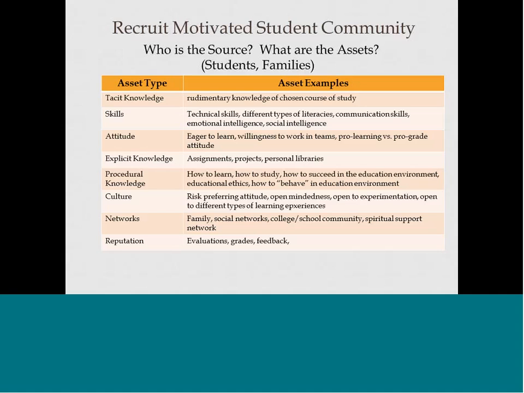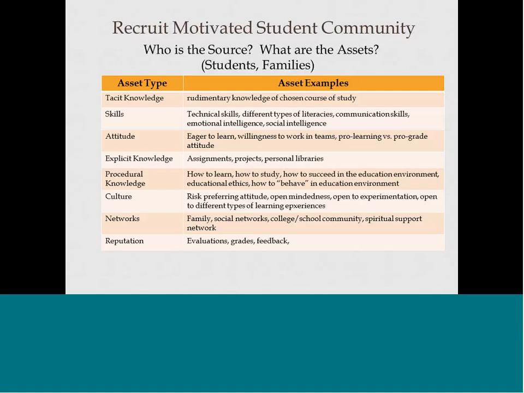Their explicit knowledge would consist of assignments, projects, their personal libraries. Procedural knowledge, they need to know how to learn, how to study, how to succeed in the education environment. They need to understand educational ethics, how to behave in the educational environment. Culture here would be a little bit of a risk-preferring attitude, open-mindedness, open to experimentation, and open to different types of learning experiences.